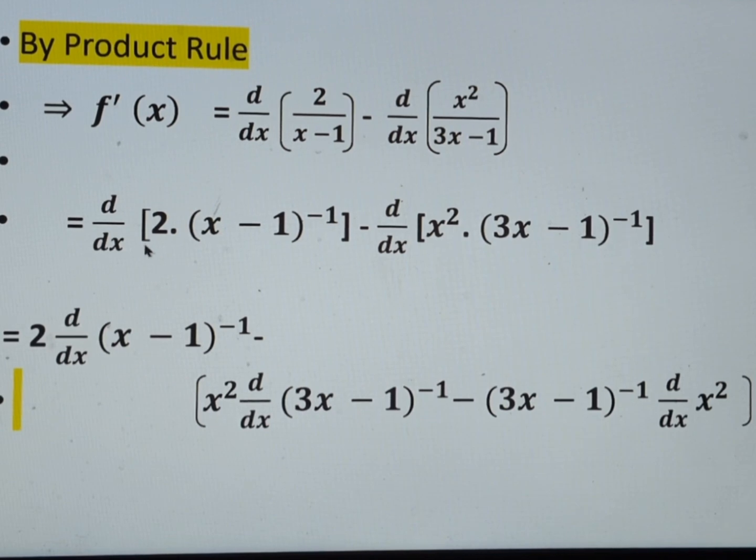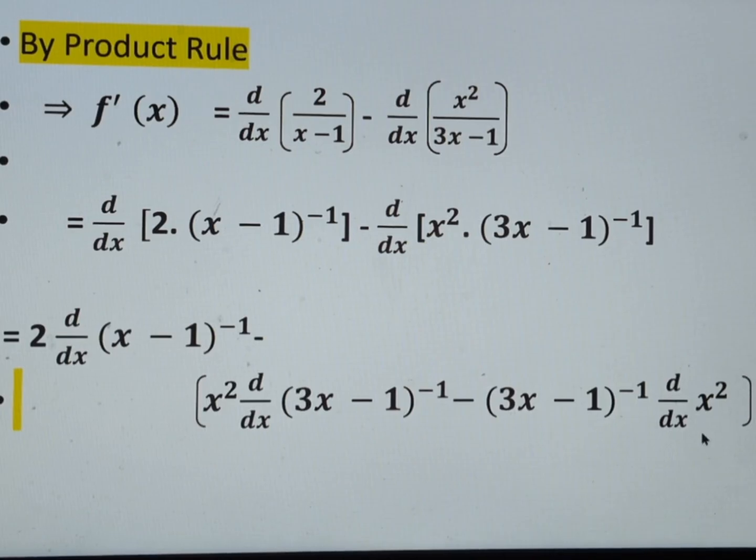Taking out 2 common, that is equal to 2 derivative of (x minus 1) raised to power minus 1, and here we use the product rule: x square derivative of (3x minus 1) raised to power minus 1 minus (3x minus 1) raised to minus 1 derivative of x square.